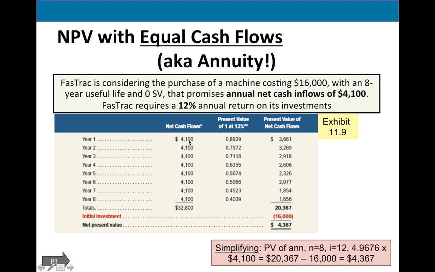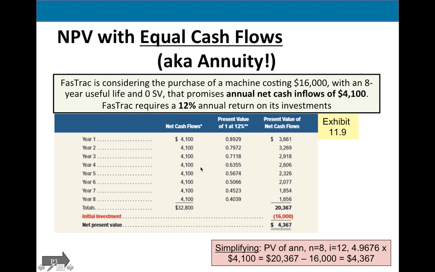So this $4,100 a year from now, today is worth $3,661, and $4,100 2 years from now, of course, is worth less today. Another way to think about it, if I invest $3,269 at 12% for 2 years, I will get in 2 years $4,100. And so we discount all of these cash payments, and then we get the total. And then we subtract the initial investment, which is in today's dollars. And my net present value is positive.